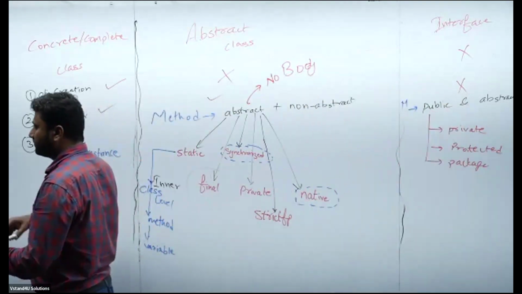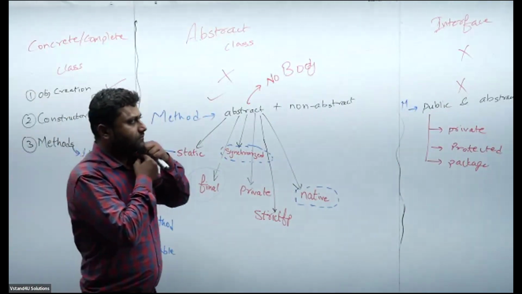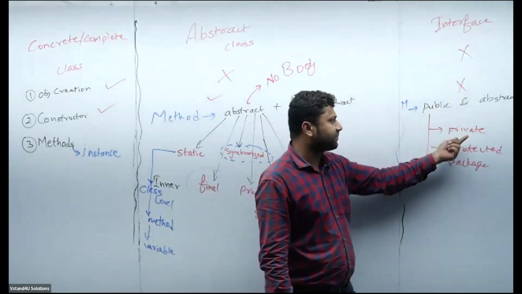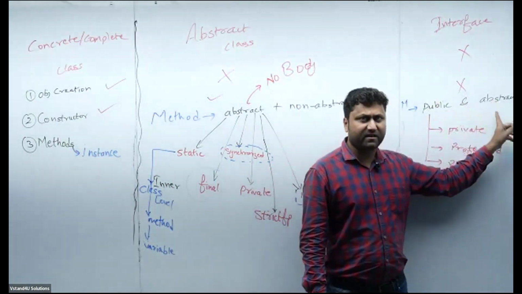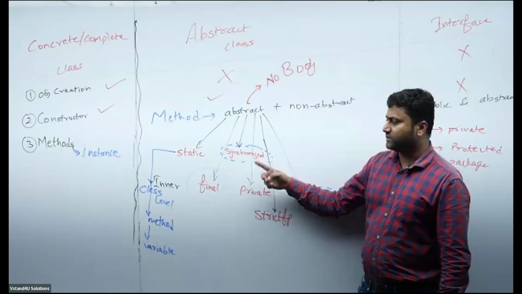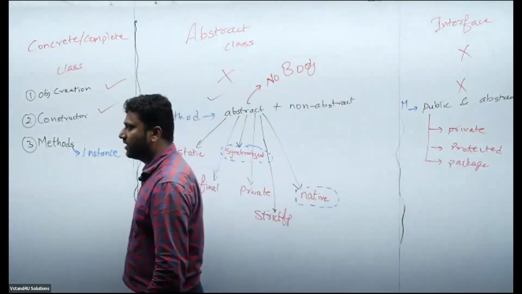Am I clear? In an interface, a method cannot be marked as private, protected, or package since it is already public. Since it is abstract, static, final, synchronized, private, strictfp, and native cannot be marked in an interface. Are you clear, everybody?